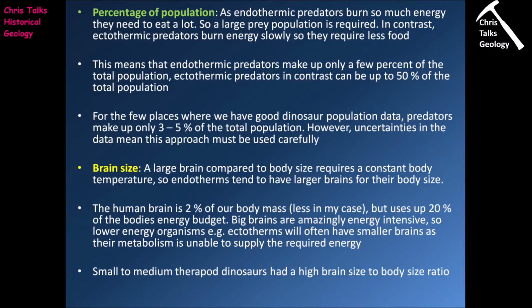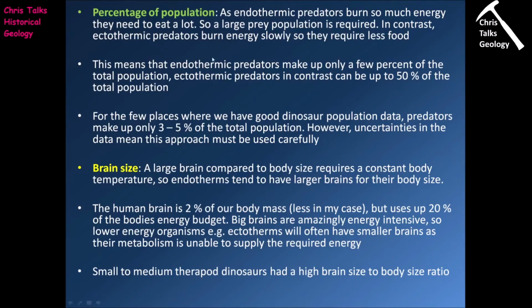Now, in contrast, ectothermic predators, so something like a crocodile, for instance, have a much slower metabolism, and so they require less food. And so this means that when we look at the population breakdown, we'll be able to see a distinct difference between communities which have lots of endothermic predators and communities that have lots of ectothermic predators.